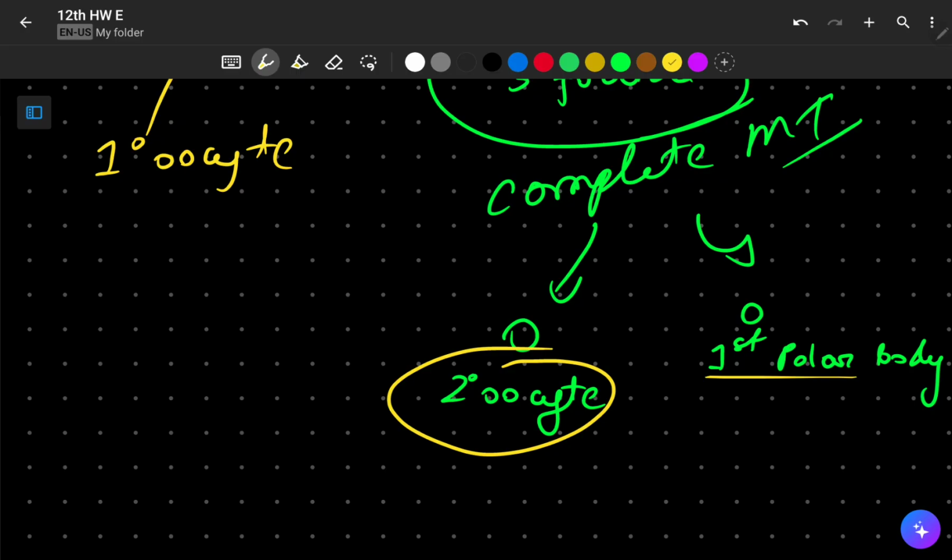The significance of the first polar body is not known for now, and the secondary oocyte is the one that is called the ovum, and that is the egg.